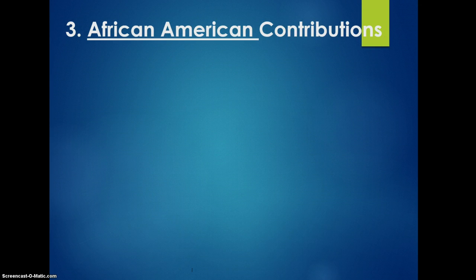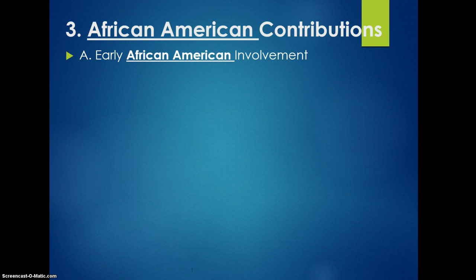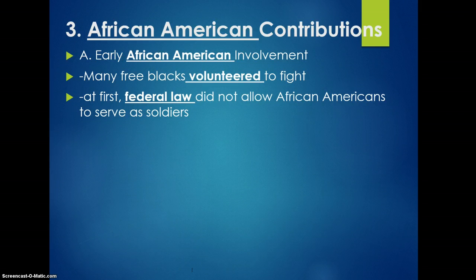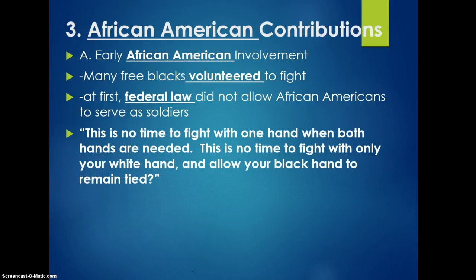So let's look at some of the African American contributions as Lincoln moves forward to emancipate the Confederate slaves. African Americans initially were unable to participate in the war effort because federal law prohibited them. And so Lincoln felt that this is no time to fight with one hand when both hands are needed.